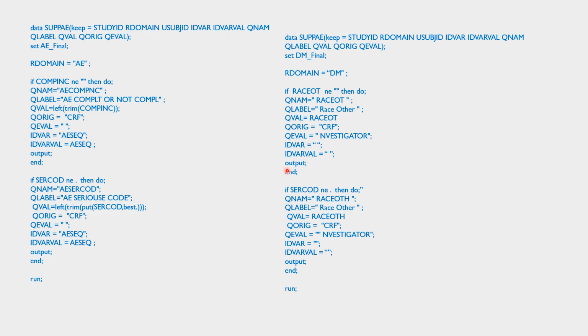Always for SUPPDM, IDVAR and IDVARVAL will be null. Then output, end. This data will be captured for one subject. For the same subject with one more variable, we have to write the same code: if SCR is not equal to missing, then do, QNAM will be race other, QLABEL, QVAL, QORIG, QEVAL, IDVAR will be null, output, end. In this way we need to write the code. Okay, thank you.